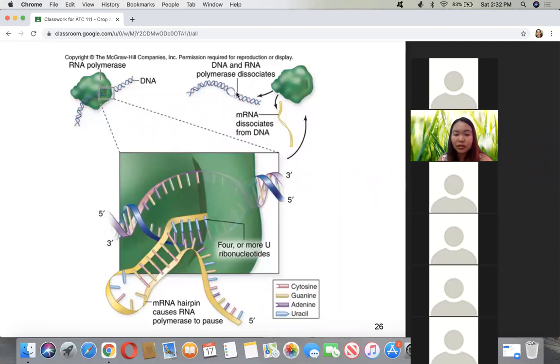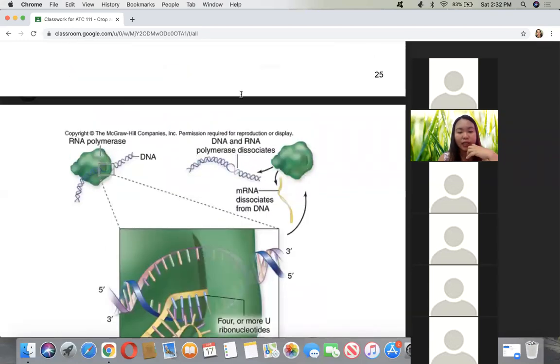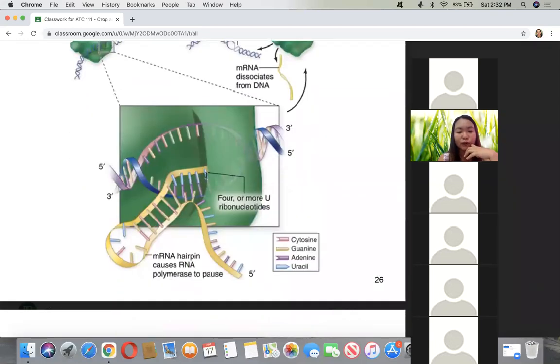So may ano siya, parang wire na mabinat. And this will show you the 4 or more U-ribonucleotides. And this mRNA hairpin causes RNA polymerase to pause.